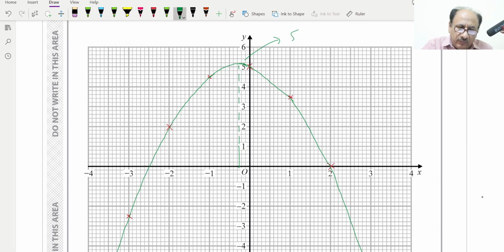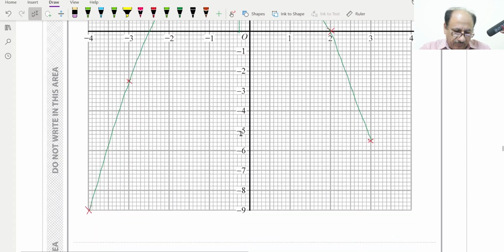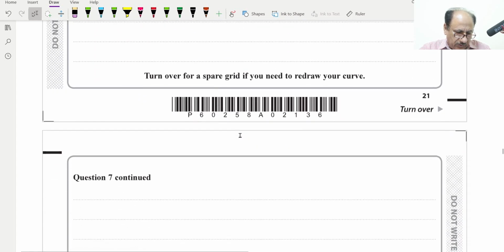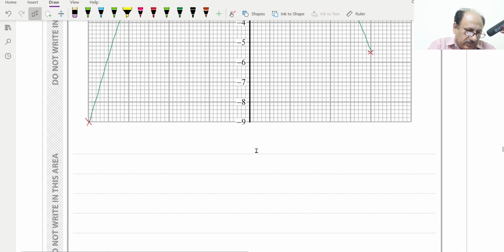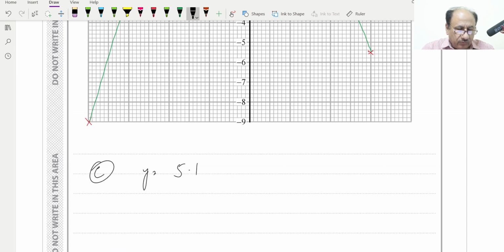So our answer for part C will be 5.1, which we have indicated on the curve. So we can write here part C, maximum value will be 5.1. So y is equal to 5.1. This will be the maximum value.